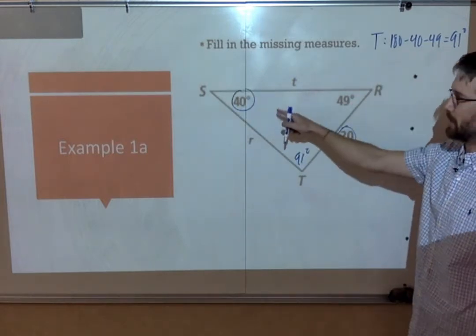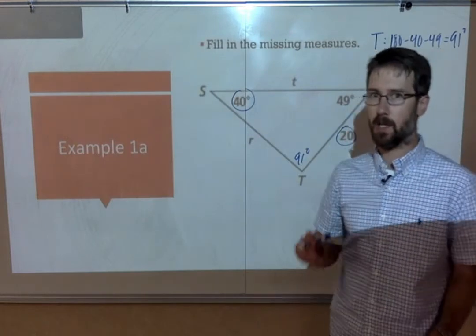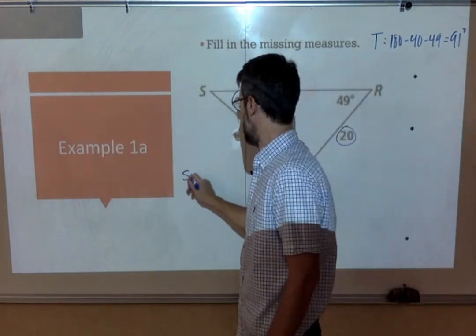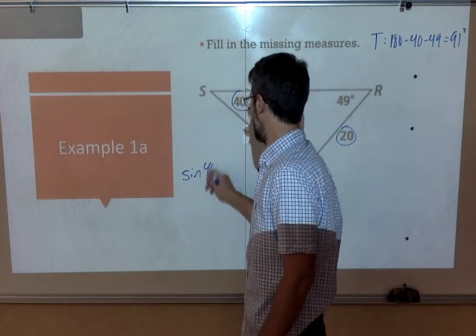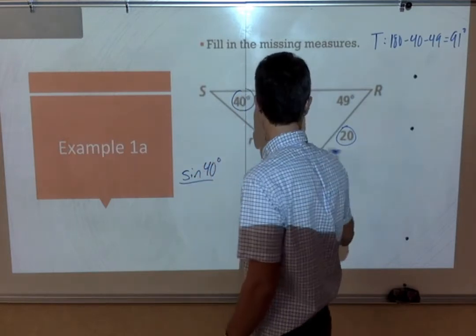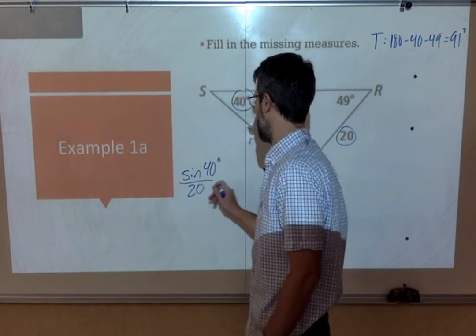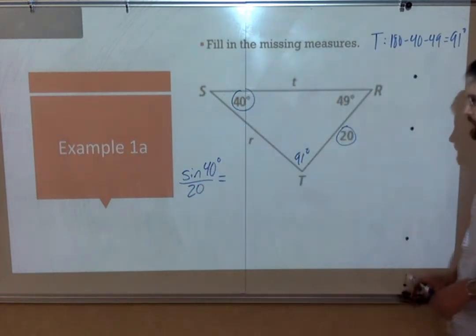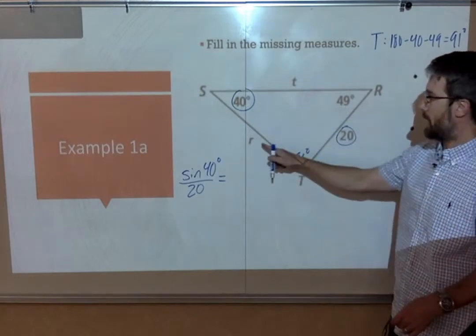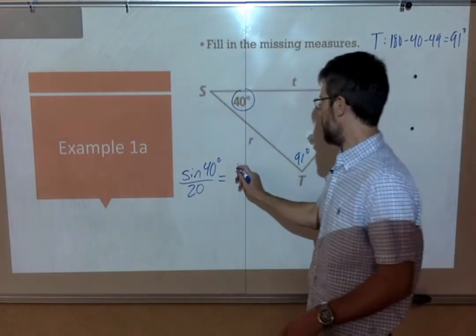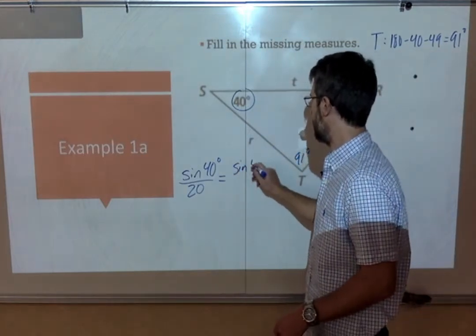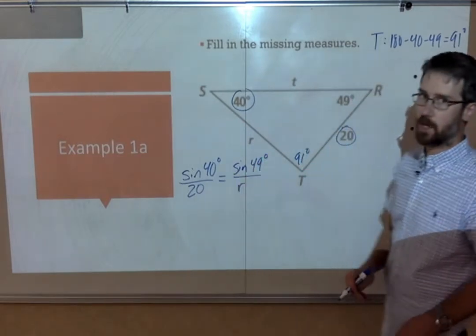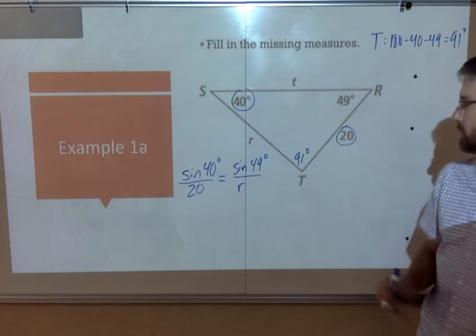That's the big tell that you're going to use law of sines, because then I can set up sine of that angle 40 degrees over its opposite side 20. If I have that information, that's where I'm going to use law of sines. So to start out for side R, I'm going to do sine of 49 degrees over R, and now I can solve this using cross multiplication.